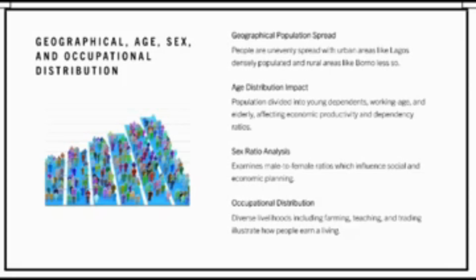We also have the working population between the ages of 15 and 64 years, which is regarded as the productive population of any country. Then the old population start from 65 years and above, and they are also regarded as dependent population.